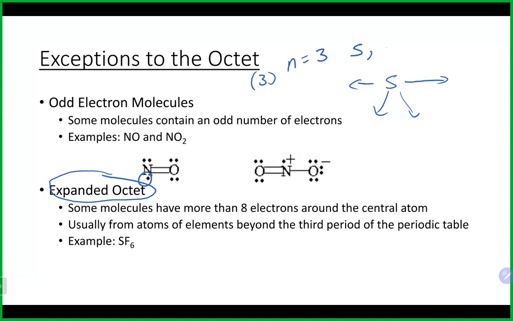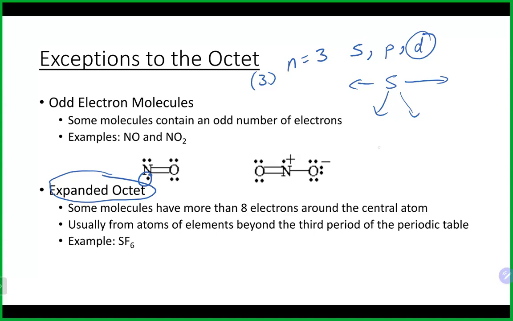We have s's, we have p's, and this is the first energy level where d orbitals begin. Because they have the d orbitals available to them, they have a place to stash all those electrons. Even though they may not be using them, they have those orbitals available to put the extra electrons, which allows them to go over 8 electrons and make this expanded octet.